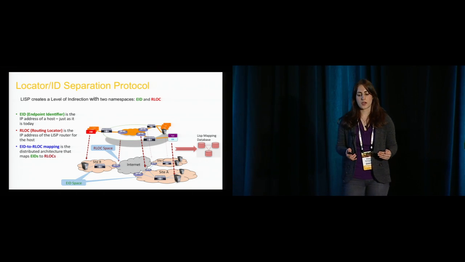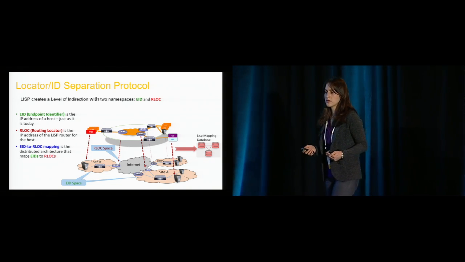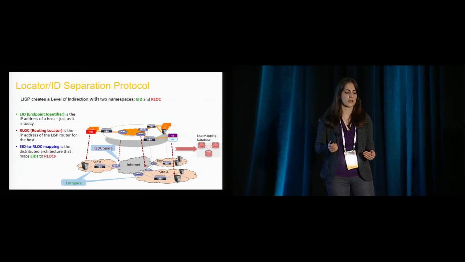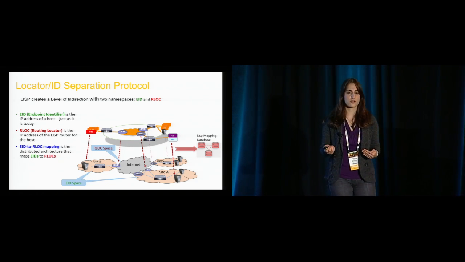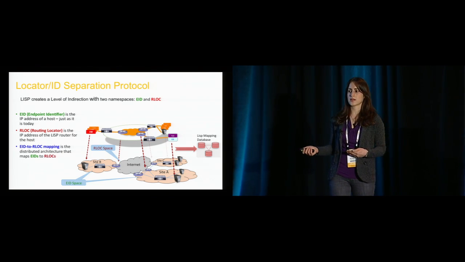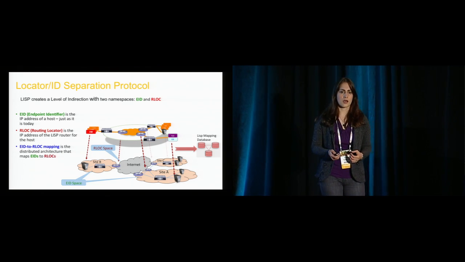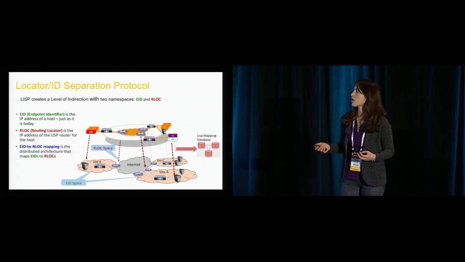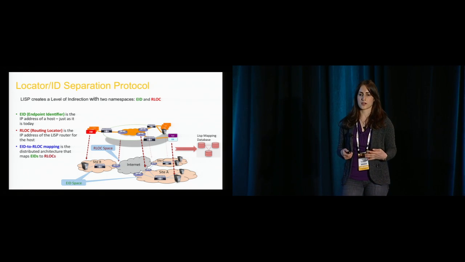Then it provides a distributed mapping system where you can create a mapping between these two namespaces. So you would say this host with this EID is located at that RLOC. And then Lisp routers can go look that up and encapsulate packets there.